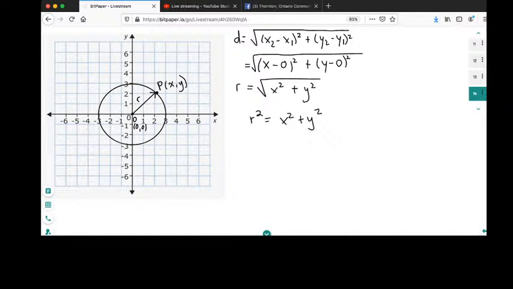So the equation of a circle, let me write this out for you guys.